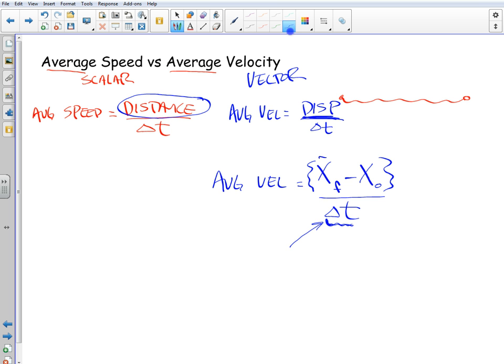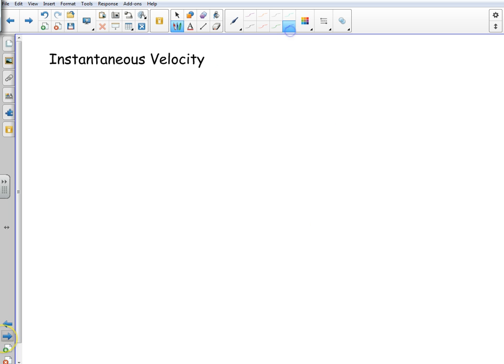Well, I go less of a distance, but this ratio might not change. And on the next slide, for you folks that are taking calculus, we're actually taking the limit as the change in time goes to zero.